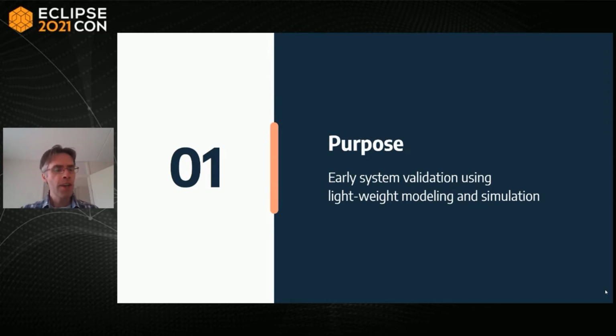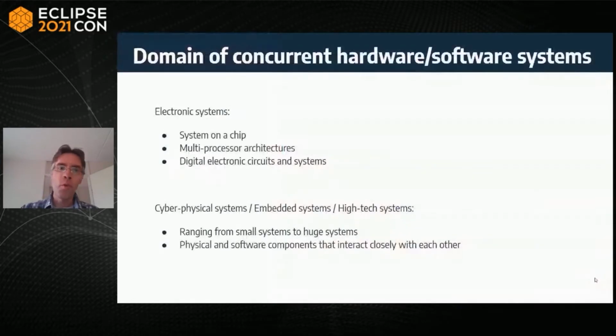But let's start at where this comes from in terms of where do we apply these things. So POOSL was developed for the application domain of what we call concurrent hardware-software systems. And what can you think of? What should you think of? Now, first category would be things related to electronic systems.